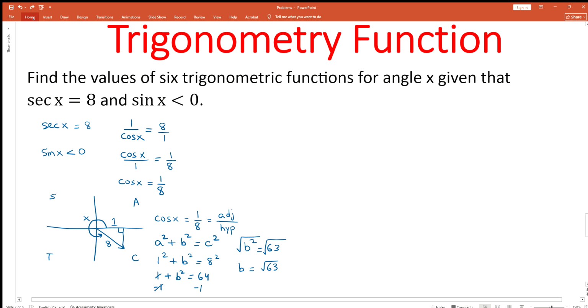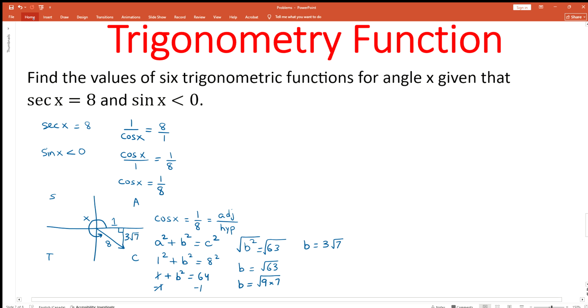We can simplify square root of 63. 63 is equal to 9 times 7. And square root of 9 is equal to 3. So I get b equals 3 times square root 7. This is the length of the vertical side in this right angle triangle.